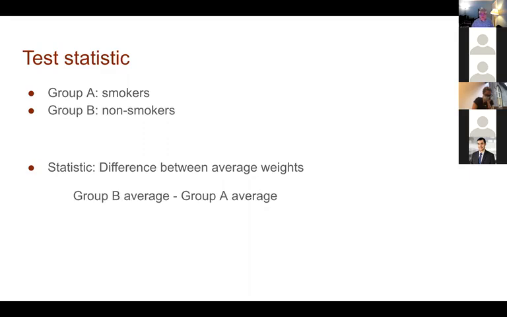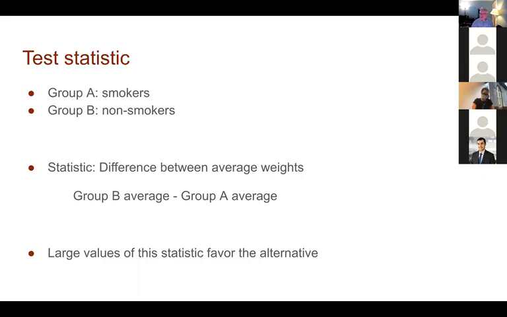We'll take the group B average, and if you remember, group B is the non-smokers, which we think are going to have heavier babies, and subtract that from the group A average. Large values of the statistic favor the alternative. The larger the value of the statistic, the more it rejects the null hypothesis.